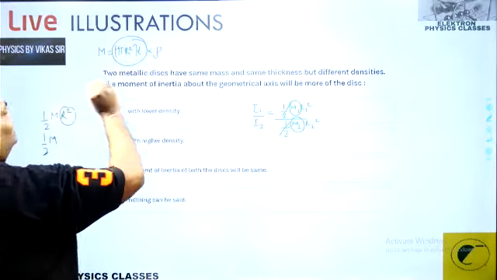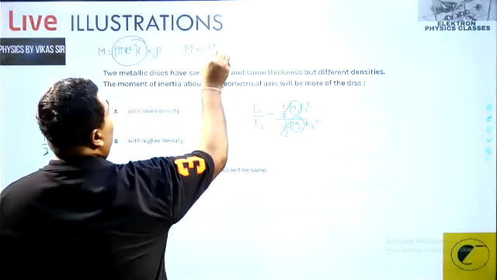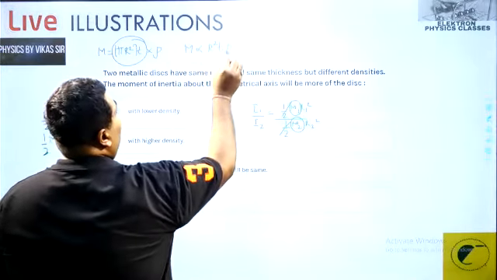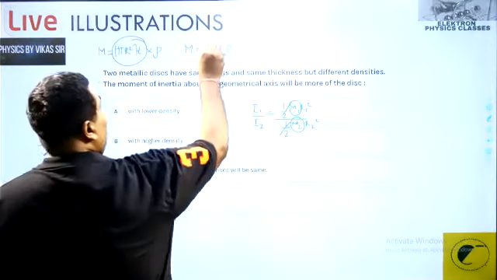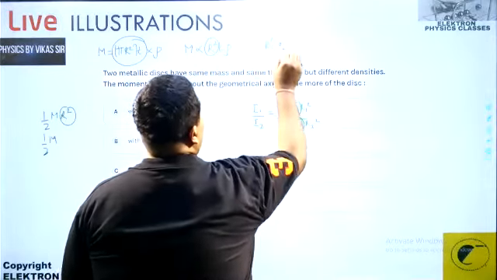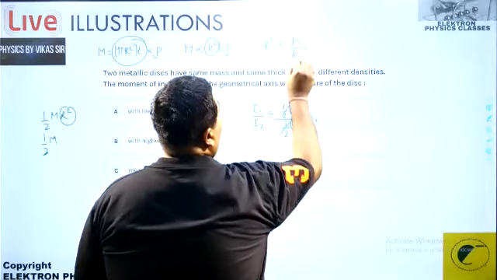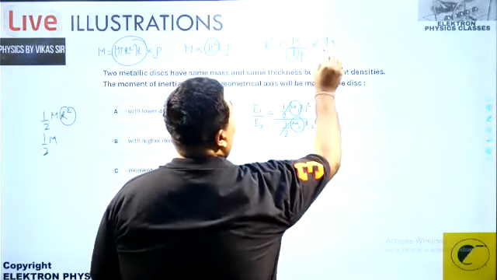So from here I have m proportional to r square t rho. Of which we have to pick up r square. So r square is proportional to m upon t rho, but t is the same, so that is m upon rho.